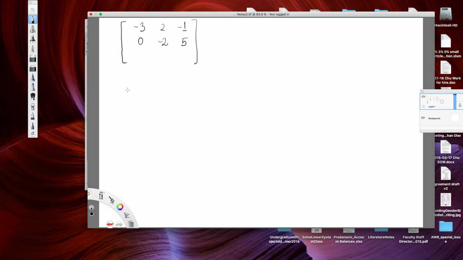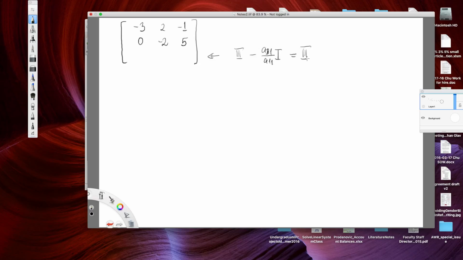All right. And then what am I going to replace? It was 3. So I'm going to replace it by row 3 minus A31 over A11 times row 1, which comes down to 3.